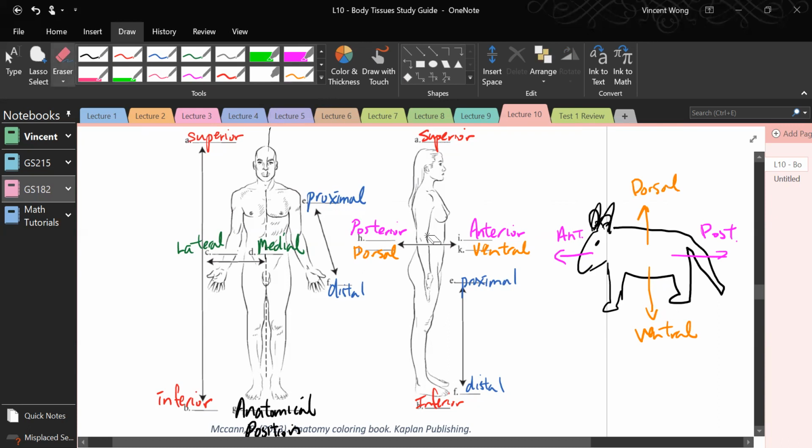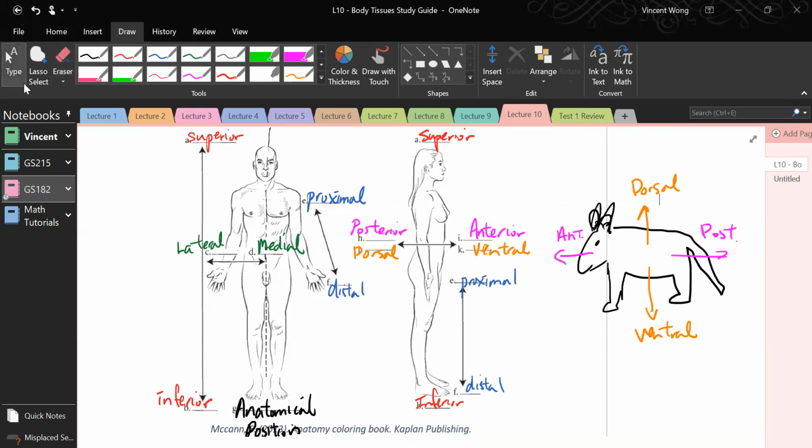The anterior and ventral is the same for us because we are bipedal. We walk on two legs. But for animals that walk on four, dorsal is not necessarily the posterior.